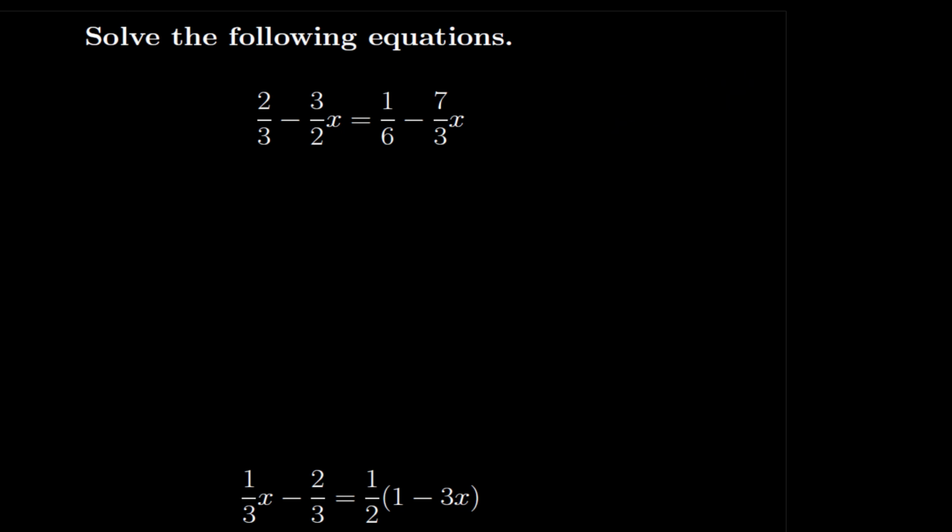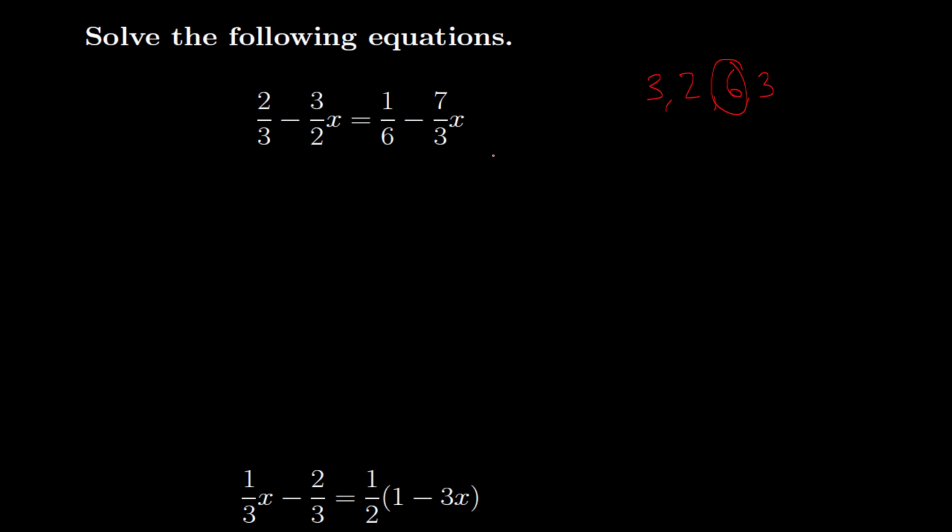For that, we can find the lowest common denominator, or least common denominator, which is 3, 2, 6, 3. If we look closely, 6 is the biggest and 6 is divisible by 2 and 3 as well.